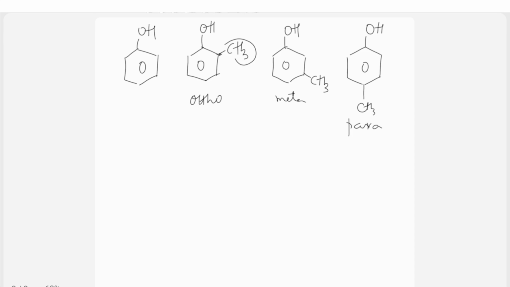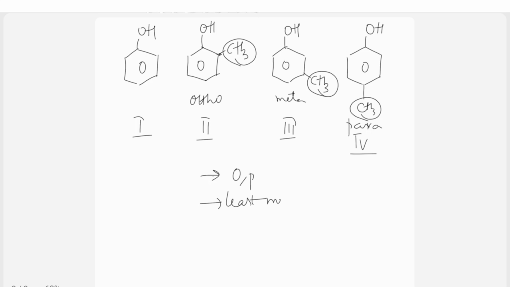Now CH3 is an electron releasing group at all the positions. Now I'll give numbering like this: 1, 2, 3, 4. Either the plus R or minus R effect, or plus I or minus I effect, is greater at ortho and para positions and least at the meta position.